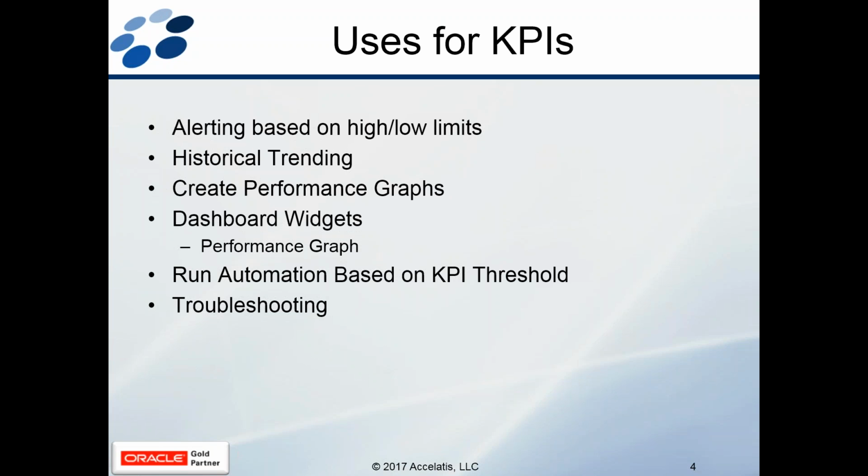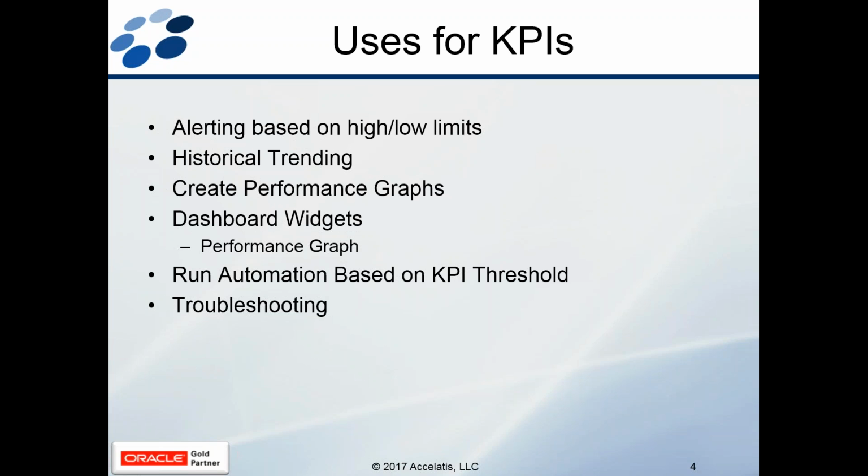And then the last thing I have in the list for uses would be troubleshooting. The thing to note about troubleshooting is that not all KPIs are added automatically. You have to go in and you have to pick which KPIs you want us to monitor. So in the case of troubleshooting, you might start off with a very broad range, say CPU on the server, and you might see that CPU is high.